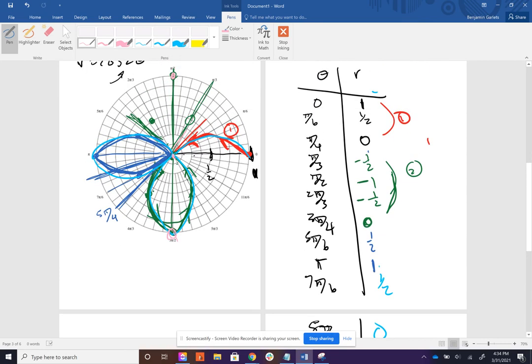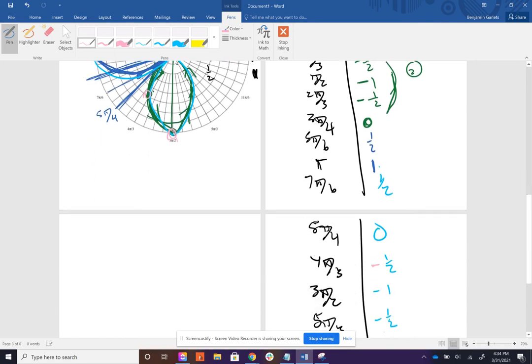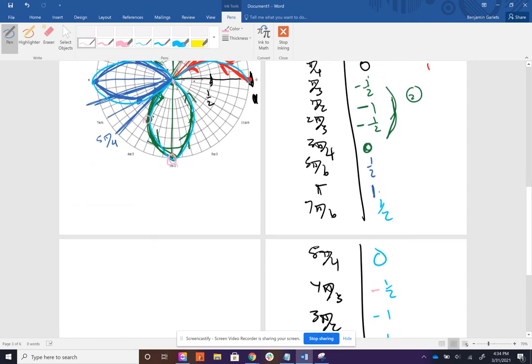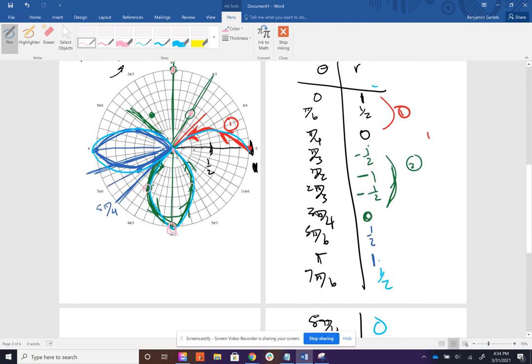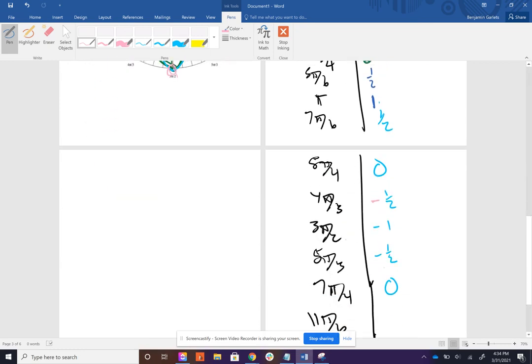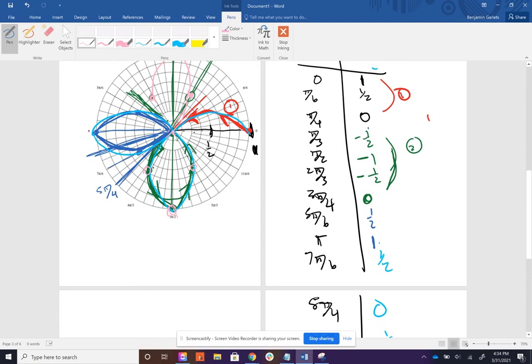So since it was negative 1/2, we go 1/2 and then we flip it. And then same with 5 pi over 3. We go 1/2, but we flip it. So then we're following this trajectory. And then finally we land in 7 pi over 4, 0.